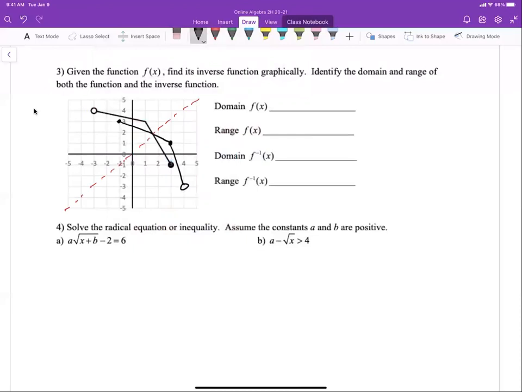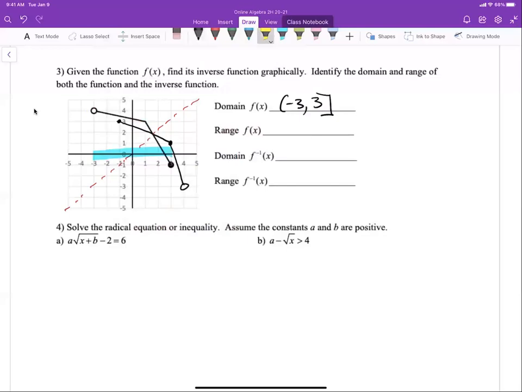The domain of my original function started at negative 3 all the way to positive 3, except it didn't include negative 3. So we'll have a parenthesis, goes up to positive 3, and it does include it because it's a solid circle, and that's why it's a bracket.